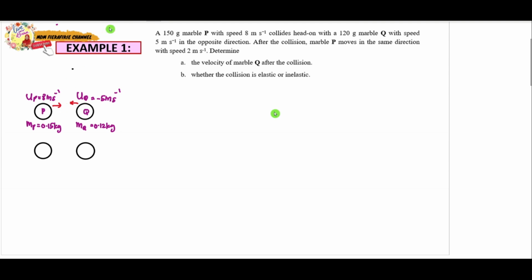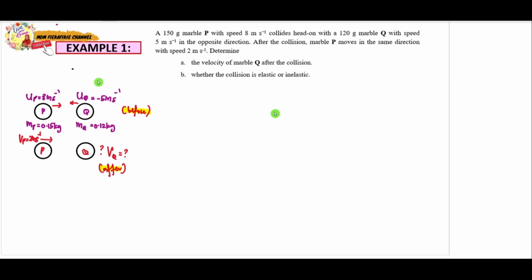After collision, P still moves to the right, and the speed of P is VP equal to 2 meter per second. Okay, and Q, kita tak tahu Q, so kita akan ada VQ. Okay, so now this is before collision and this is after collision.